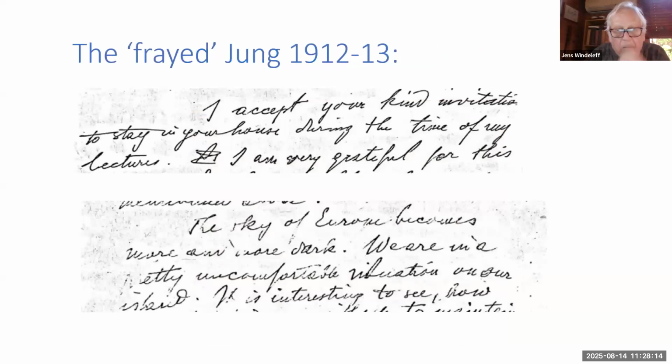Here we have some of the handwriting just after the break with Freud. And I called it the frayed Jung. You can see the rhythm is very much disturbed here. I think that was the time when he had visions about the coming First World War.